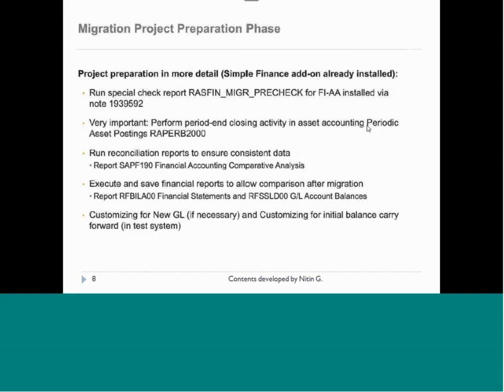Because once you run the migration program, the system will do a lot of things in the background, and if at that point something fails, it will be a mess to correct the running program. So it is very important to do all those pre-checks before. Even if something is wrong, it might take some time, but it is still less than correcting the program, because if something goes wrong, yeah.